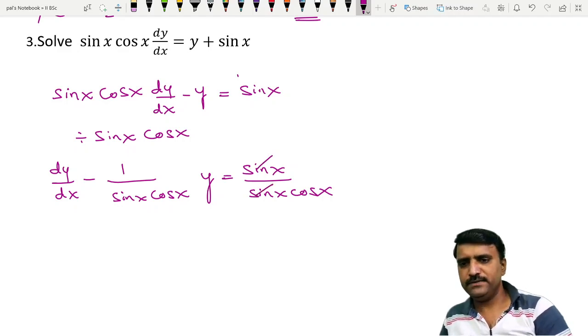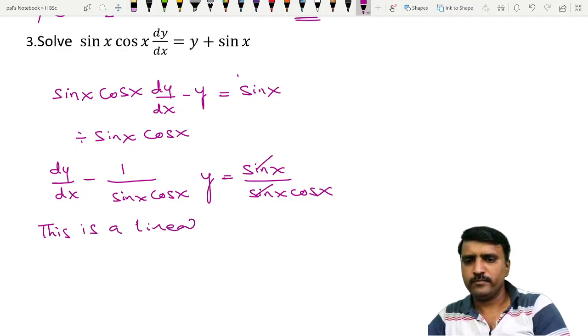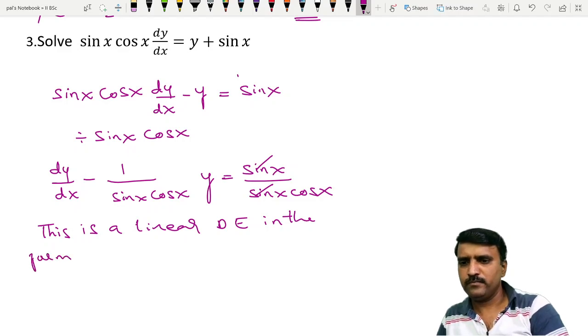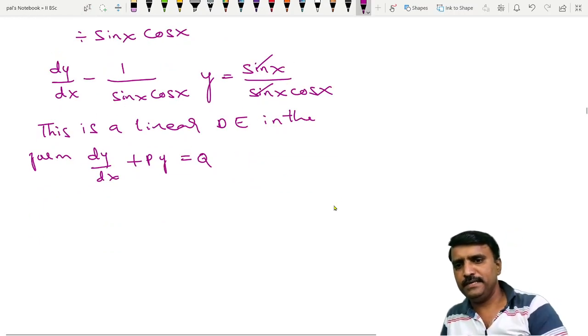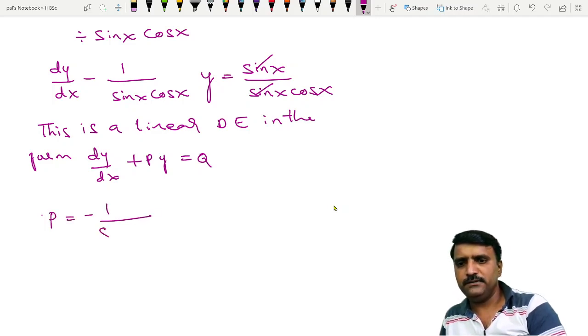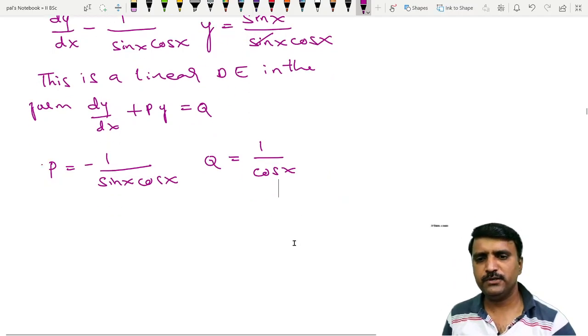So now this is a linear differential equation in the form dy by dx plus py is equal to q, where p is minus 1 divided by sin x cos x, and q is equal to 1 by cos x.